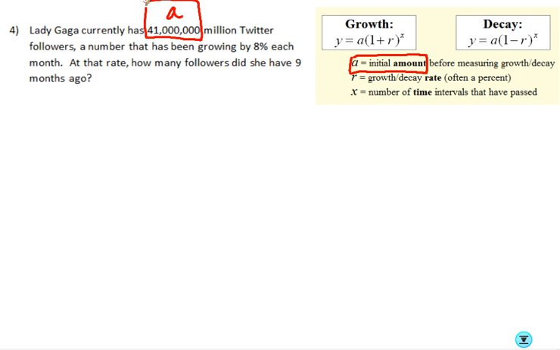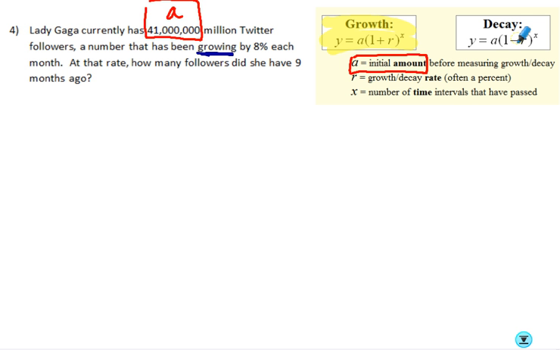And it says that it grows, a number that has been growing. So here's that word, growing. Since we're talking about something that's increasing, because she has more and more followers, we know that we're talking about growth, right? We're not talking about a decay situation, which we'll look at in the next problem.